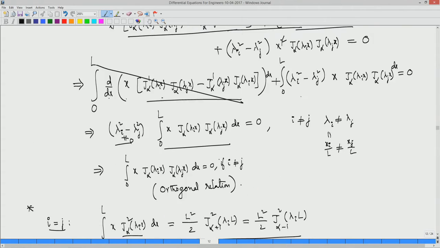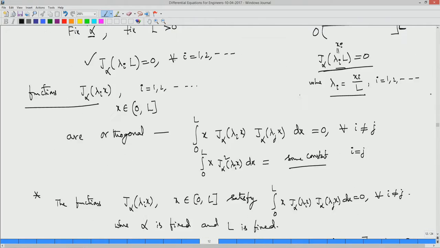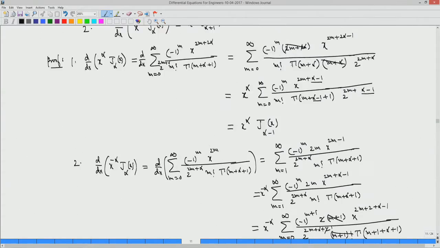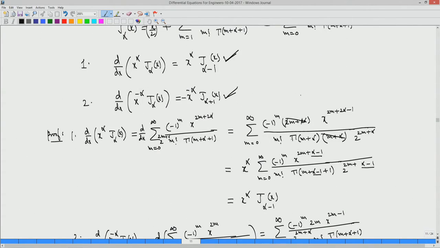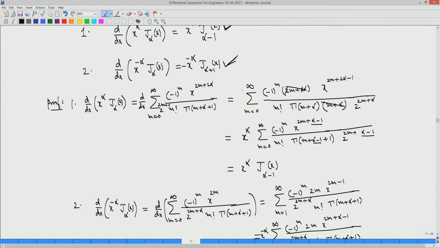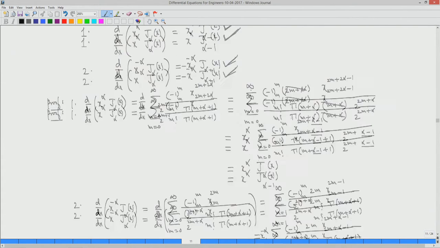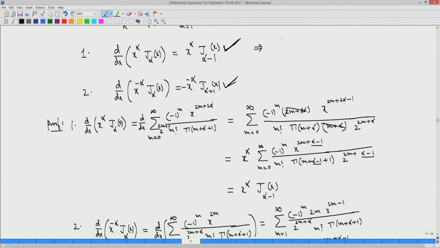This is where we use the properties of the Bessel functions. If you use the properties of the Bessel functions, you can actually get those things. You simply differentiate one. If you differentiate this, what you end up with is x power alpha.